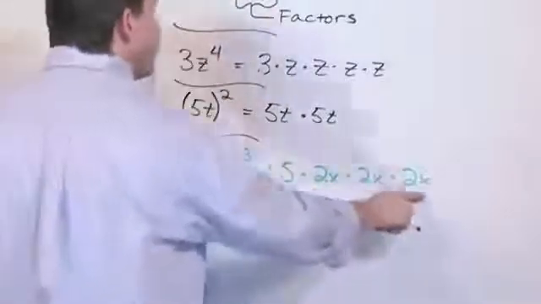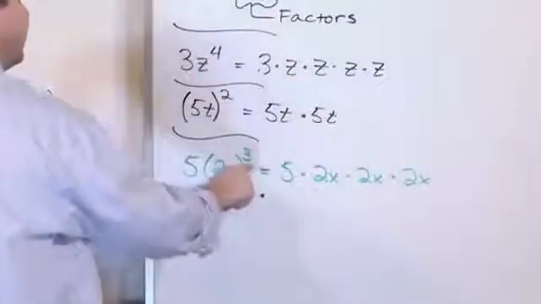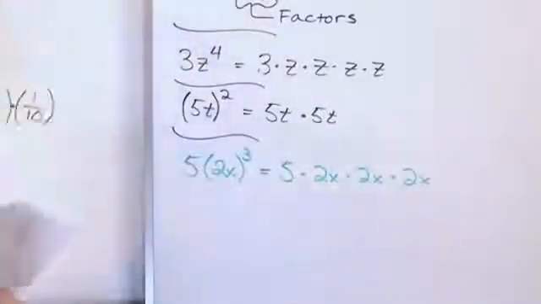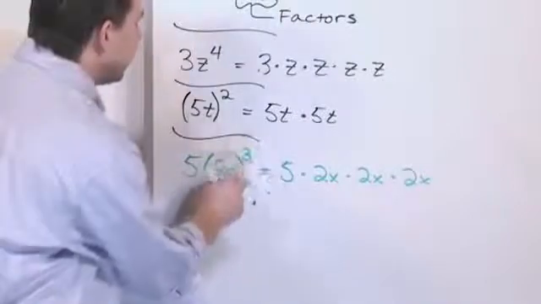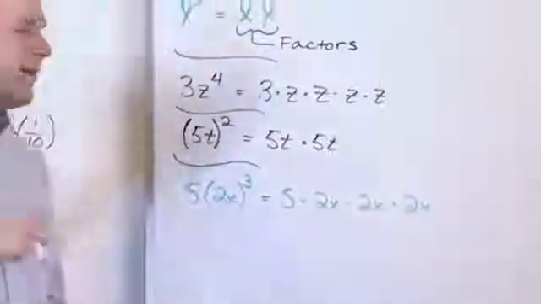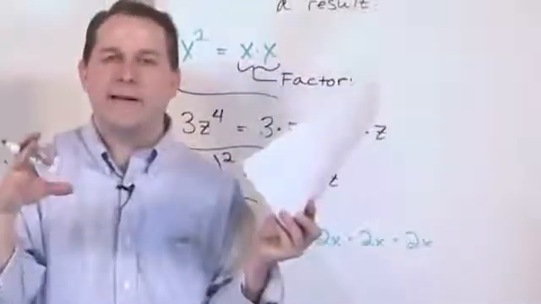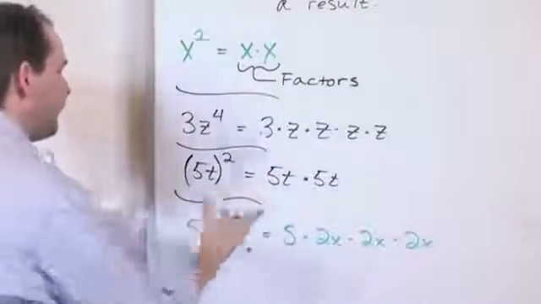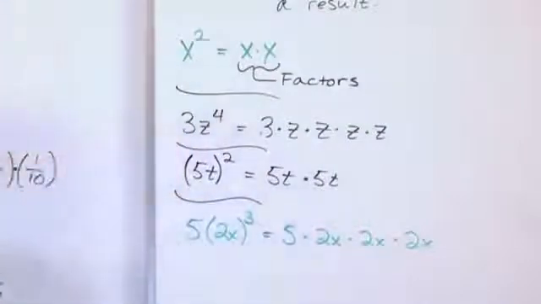I'm multiplying 2x times itself 3 times because that's the exponent. 5 is multiplied by everything because it's just sitting next to the parentheses there. And the exponent applies to the 2x as a whole unit because it's wrapped up in these parentheses. The parentheses are like a little sandwich bag. Everything in there has to kind of stay together, more or less. And everything on the outside, like this exponent, is going to apply to that whole thing.